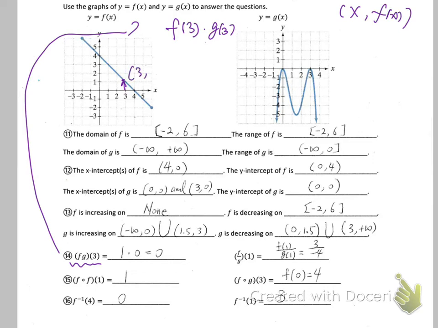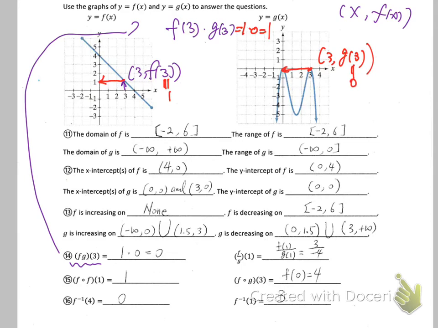So this point is 3, f of 3. What is f of 3? You're looking at height, right? The y part is f of 3, so it is 1. Same thing for g of 3. You go to 3. This point is on the graph, so this is 3 comma g of 3. The y-coordinate of this point is 0. So g of 3 is 0. So this is 1 times 0, which is 0. This is f of 3 times g of 3.